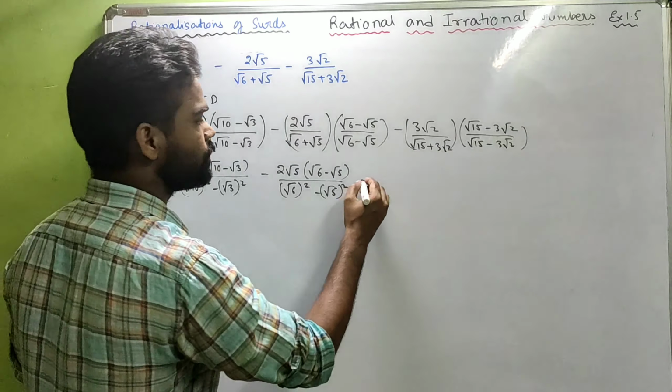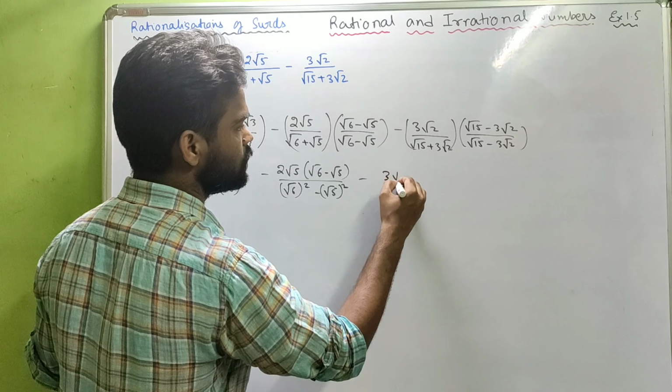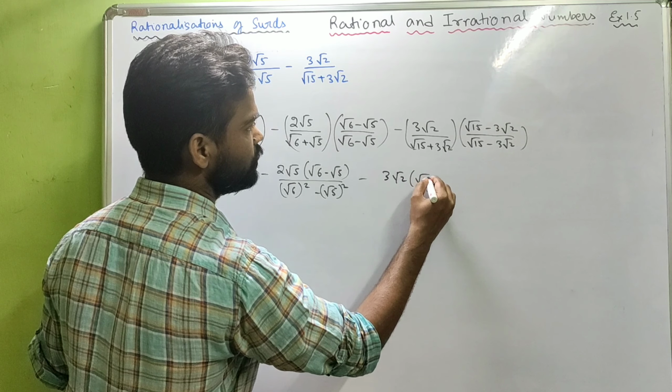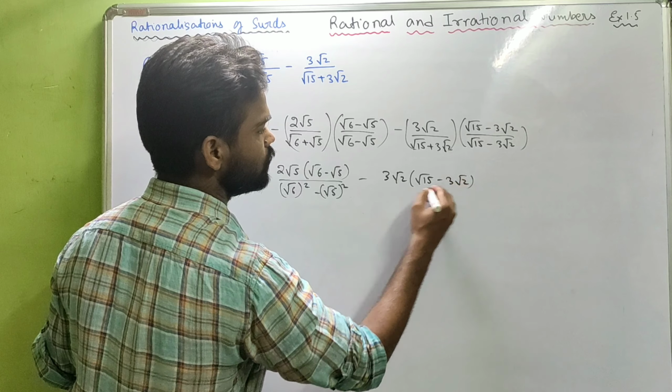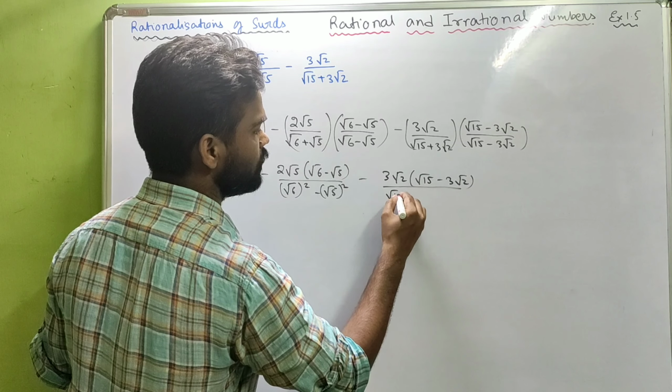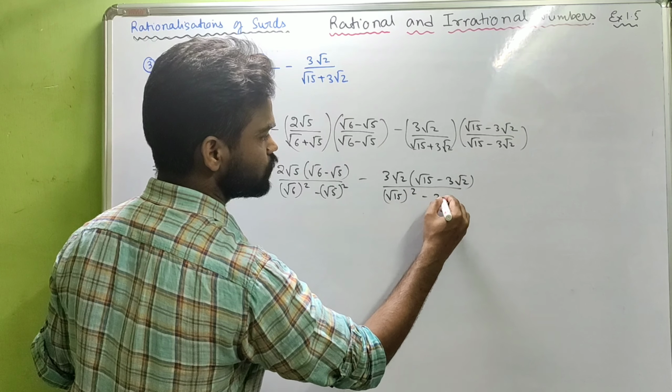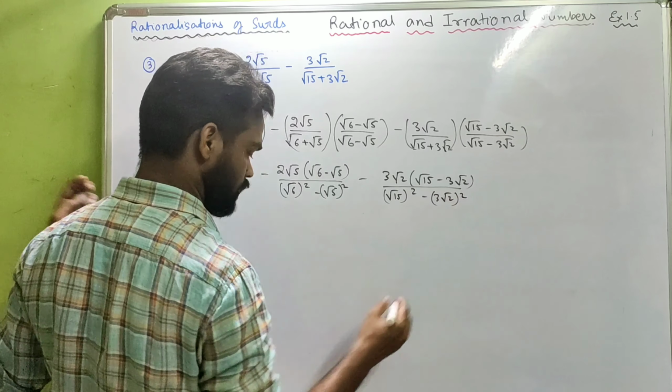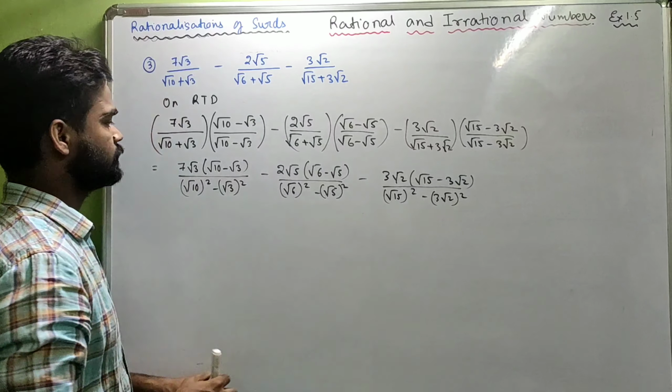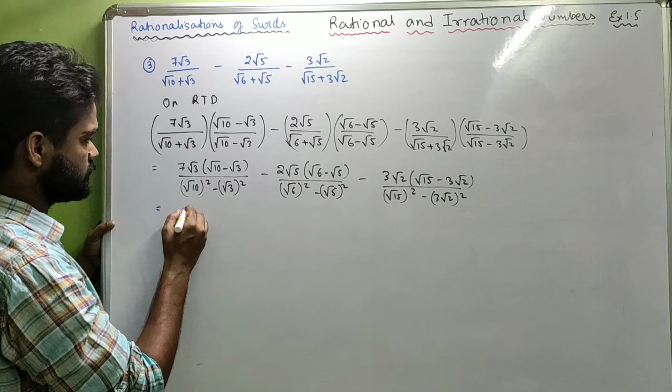No problem till now. Similarly for this we have 3 root 2, root 15 minus thrice of root 2 by root 15 square minus (3 root 2) whole square. Am I clear till here? I will solve it. Look over here.